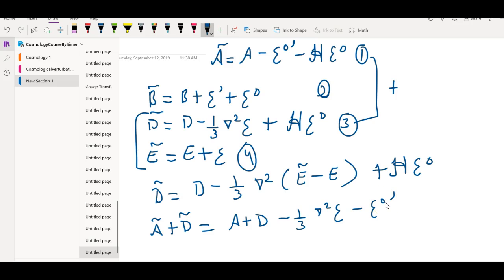Is it right? I think what we can do now is eliminate xi 0 from here, find xi 0 and put the value there.